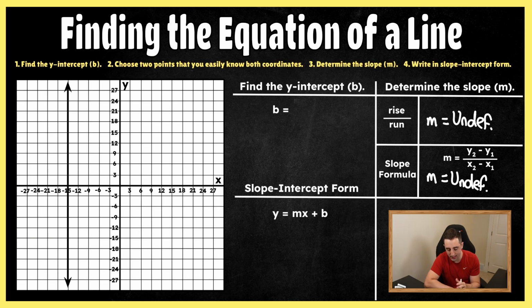And you're going to notice that on this line, they all share the same x-coordinate, which is -15. So this is an equation that's going to look completely different from all the other ones. It's not going to be y equals, it's going to be x equals the number that they have in common, or the coordinate they have in common, which is x equals -15. This is the equation of this line in particular, which is why I labeled this as a special case.